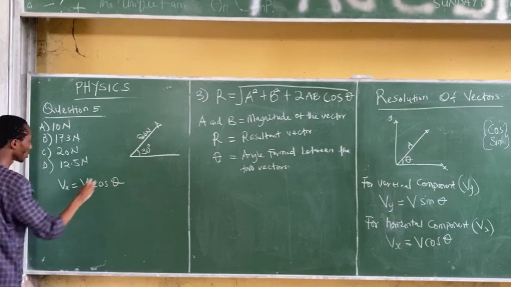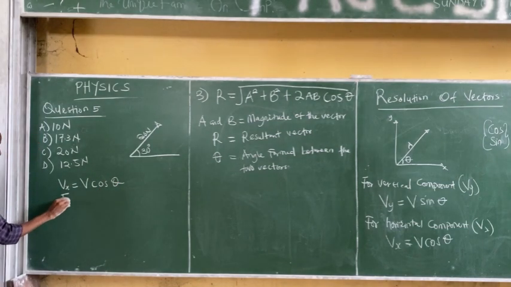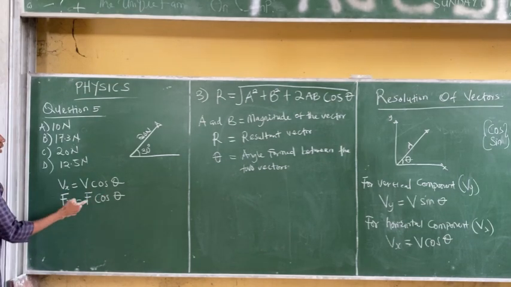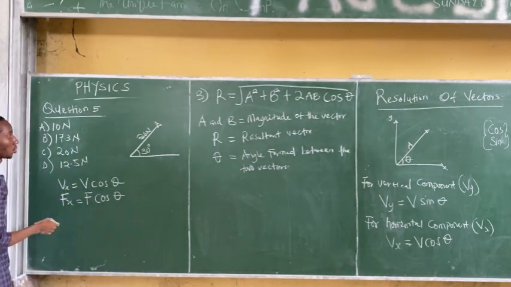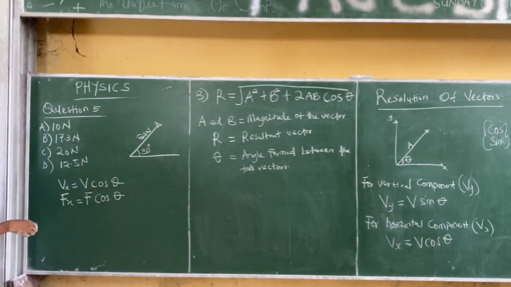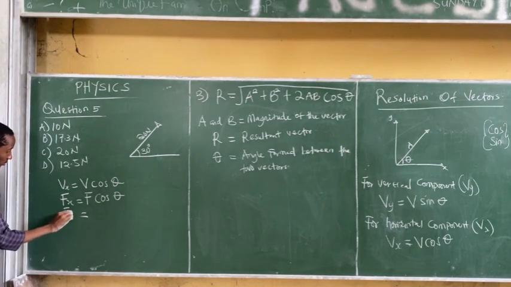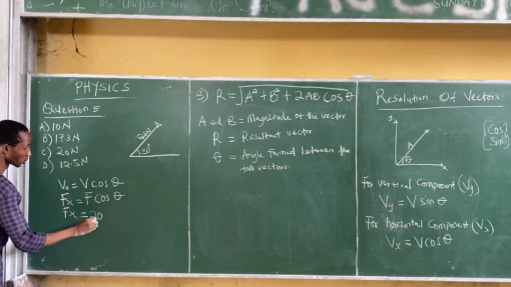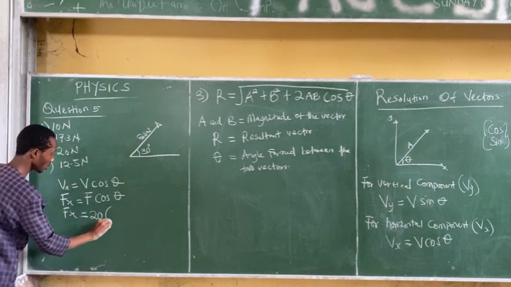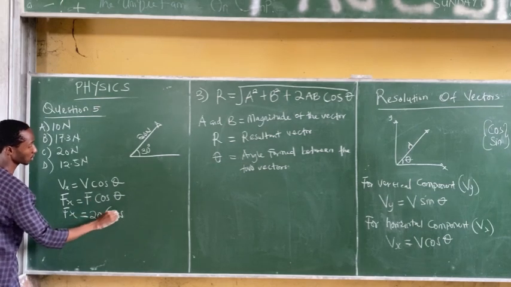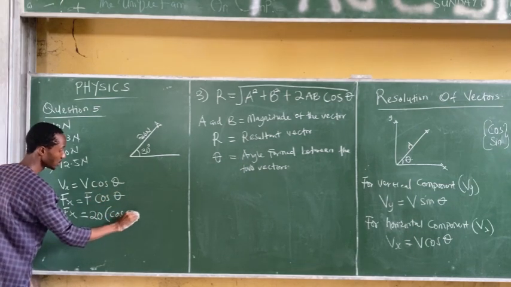We can rewrite this as Fx is equal to F cos theta, where F is the magnitude of the vector, and theta is the angle the vector makes with the horizontal. Now, Fx is equal to the force we have here, 20 newtons, into cos theta, which is cos 30 degrees.